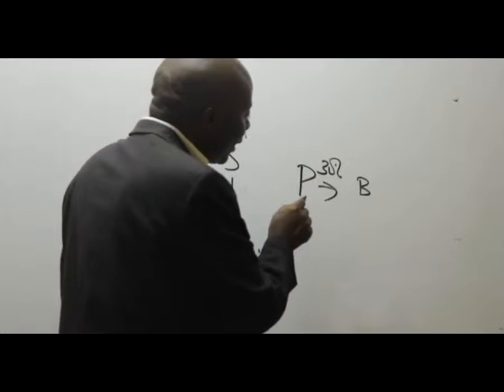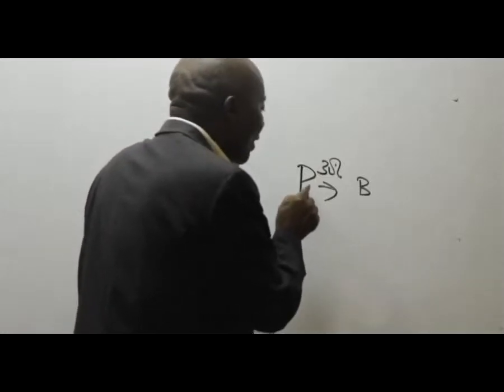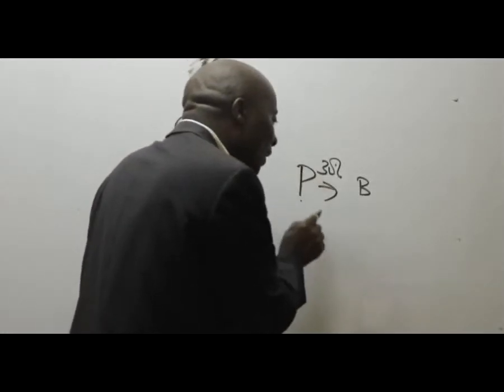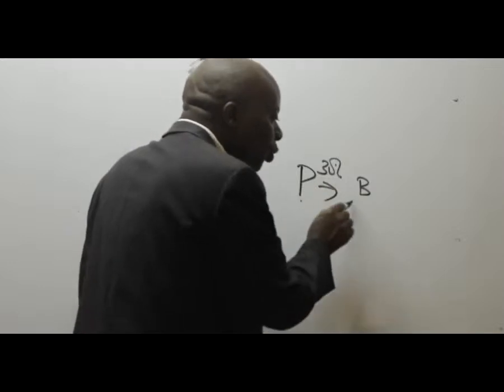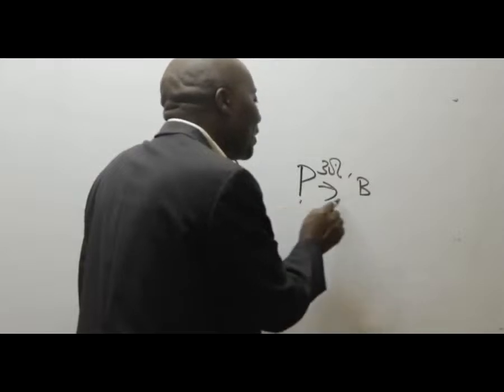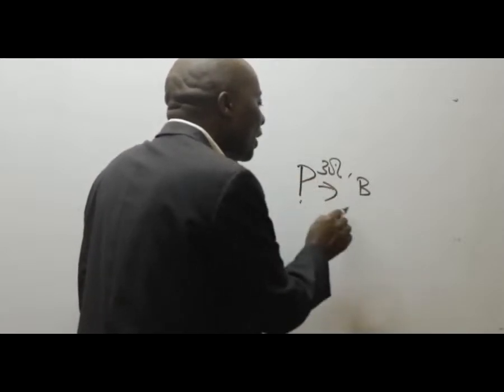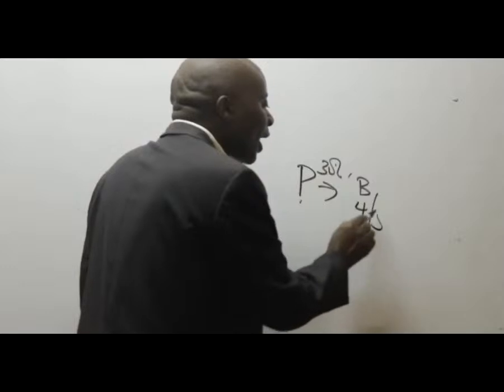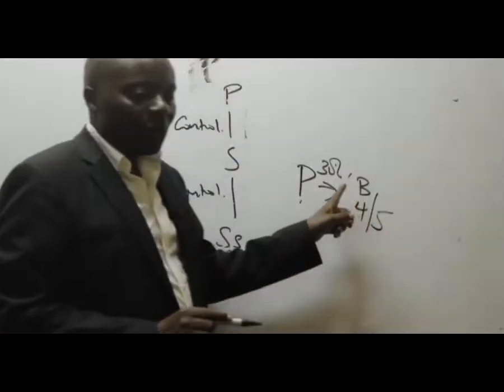But they'll go ahead and tell you that P has been given the right to control B. In which way? They'll tell you that P has been given a right by the other shareholders to appoint, say, 4 out of 5 directors of B.